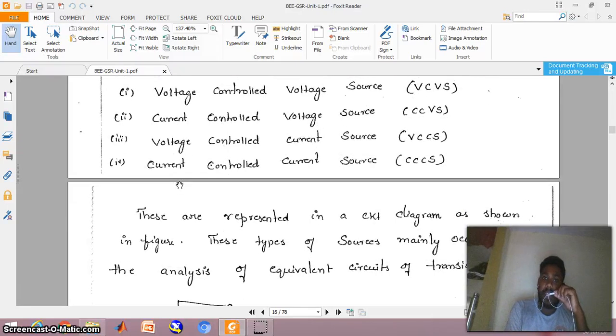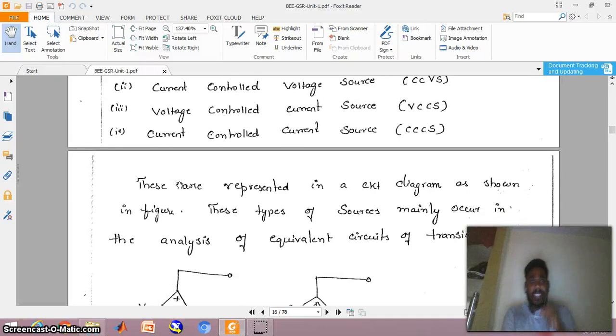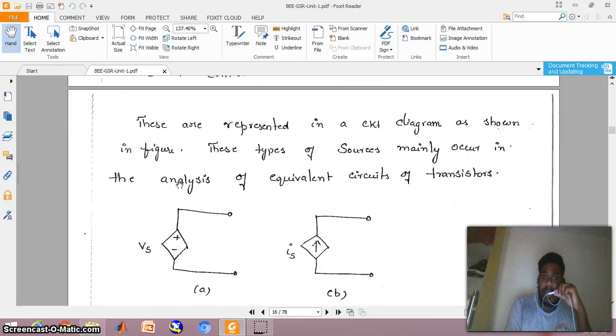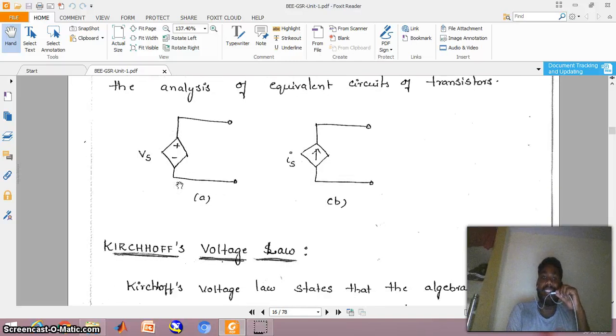Next, current controlled voltage source. Third, voltage controlled current source. Next, current controlled current source. These are represented in circuit diagrams as shown in the figures below. These types of sources mainly occur in the analysis of equivalent circuits of transistors.